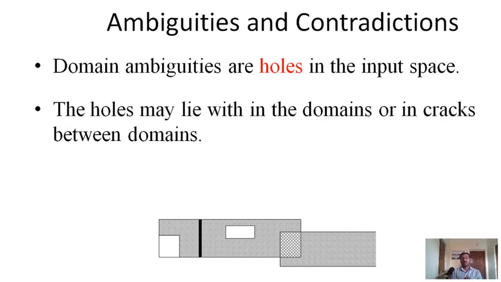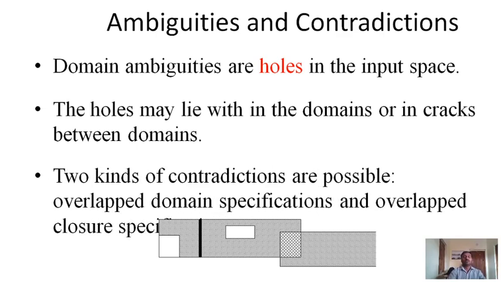I already said that if a domain has holes, meaning empty space, they come under ambiguities, and those domains are ugly domains. The holes may lie within the domain or in cracks between the domains. They create ambiguities and come under ugly domains.